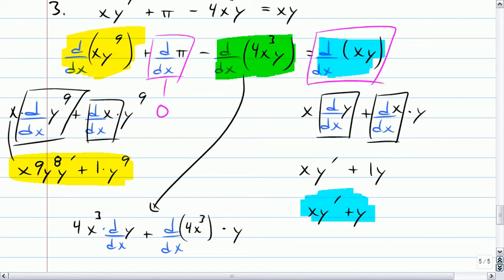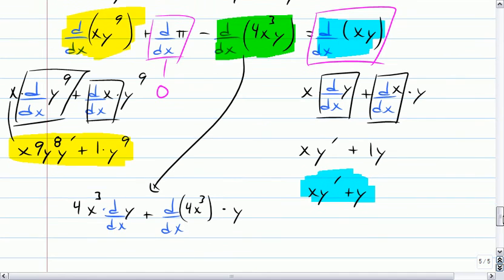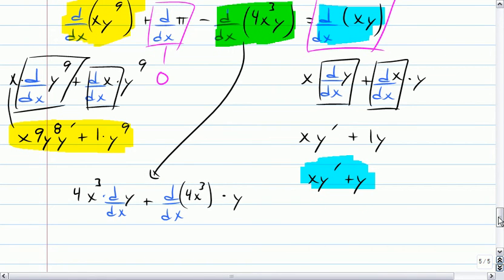Times y. Good. So I'm just writing out the product rule. Okay, what do we call that thing that I boxed in orange? That's y prime. So you got 4x cubed y prime plus, anybody know what this is in green? 12x squared. So 12x squared y.